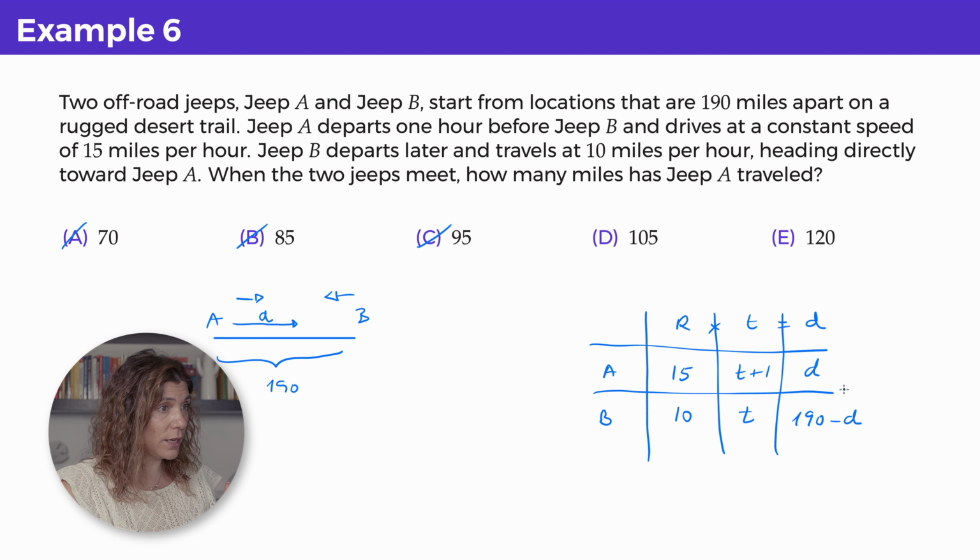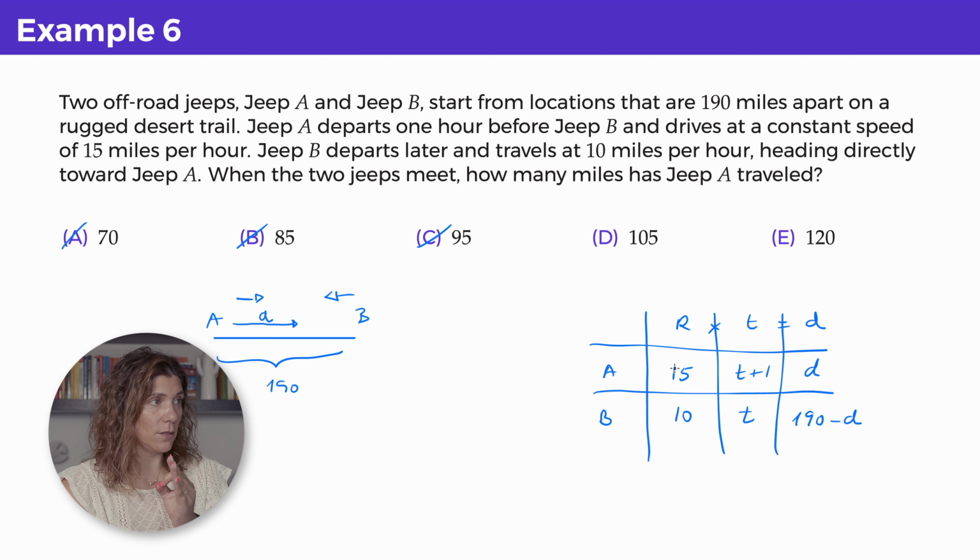You could do backsolving now on the equations with these two answer choices, but let's see if you can keep doing smart guessing. Now imagine one thing: even if they were traveling at exactly the same rate, just by the fact that Jeep A departed 1 hour before, since it is traveling at 15 miles per hour, it would travel 15 miles during that hour.